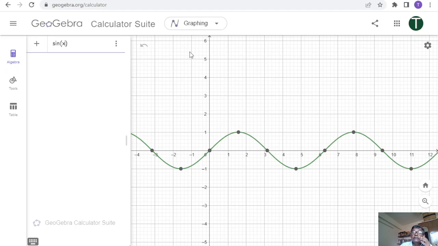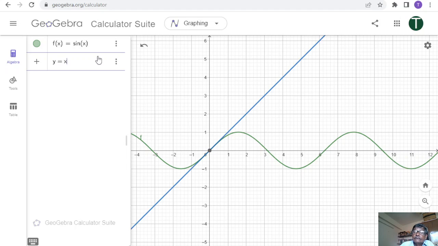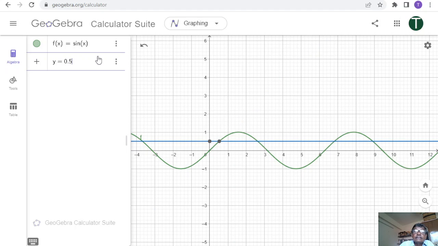It is plotted, and then you have another function, say y equals x. Oh, it becomes a tangent, so make its slope 0.5x.